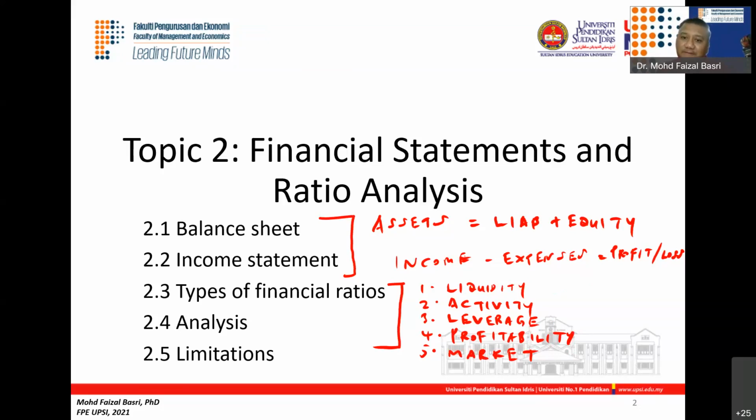Whether they have enough cash or cash equivalent to pay their short-term obligations, or short-term loans. In simple terms, short-term obligations means liabilities that they need to pay within 1 year, and they have enough cash or cash equivalent to pay that.